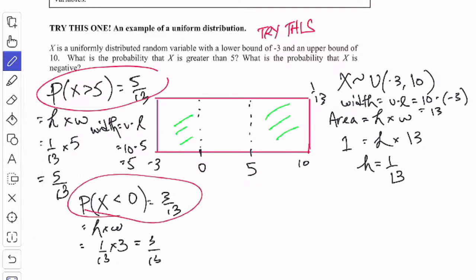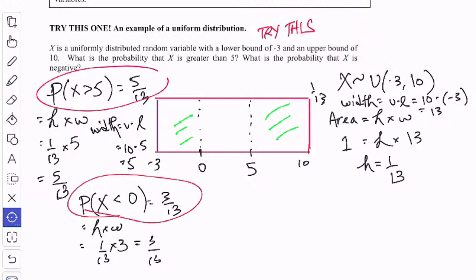It's not hard. I have other shapes for distributions, and you can work on the exercises for that. In the tests as well, you see distributions that are different shapes, triangles, polygons. You should be able to work with them, okay? The principle is that the area under the curve should be 100%, and then go from there. Any questions? So this is the uniform distribution. There are other shapes that you will see.